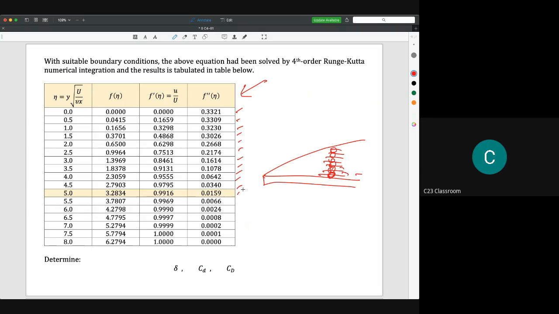What is analytical? You just give the value of eta. Eta actually depends on y and x, which are the coordinates. For example, you have x equal to 1, and then you give y equals 0.1, 0.2, 0.3, 0.4, 0.5, 0.6, and so on.